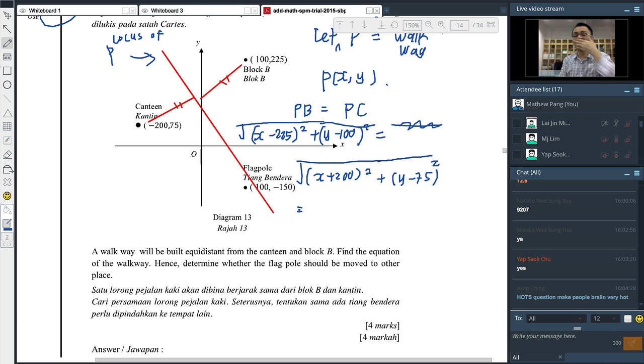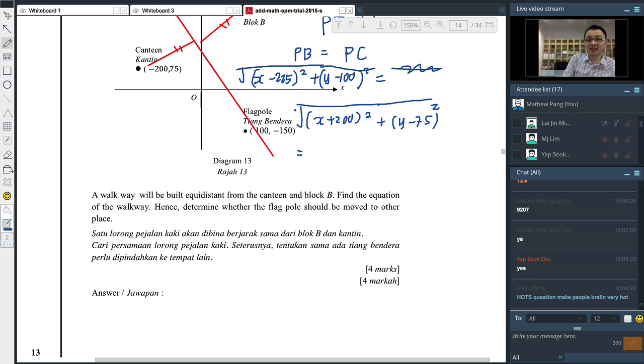Yeah, we'll need to solve the equation in order to work out the equation. So I will solve the quadratic equation by cancelling out the square root, because both sides have square root, and then we're going to expand it. So this is x squared minus 450x, 225 squared is plus 50625. And this one, if I cancel out the square root, this one will be x squared plus 400x.